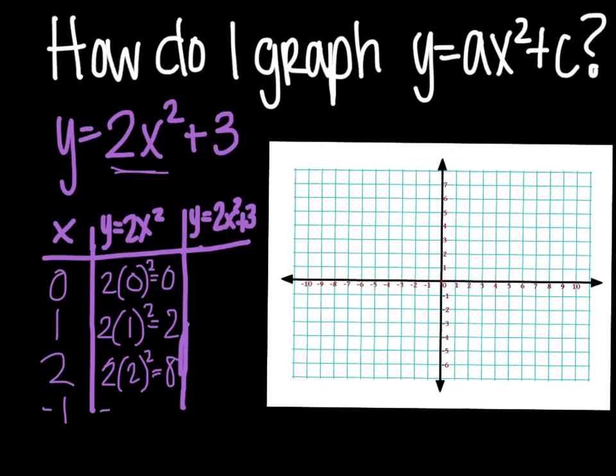And then if I had 2 times negative 1 squared, negative 1 squared is 1, so this would give you just 2. So now what happens? We want to compare what's going to happen when I have this plus 3 on the end. If it was 0, and then I add 3, it becomes 3. When I had 2, because that was the 2x squared, I add 3, it now becomes 5. Same thing with these ones.